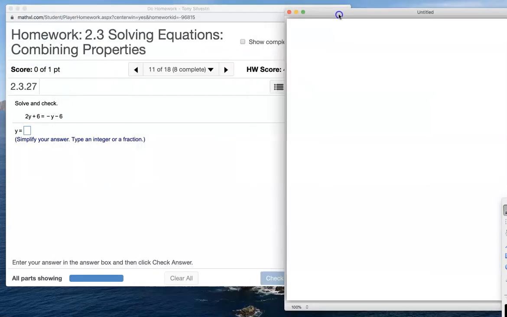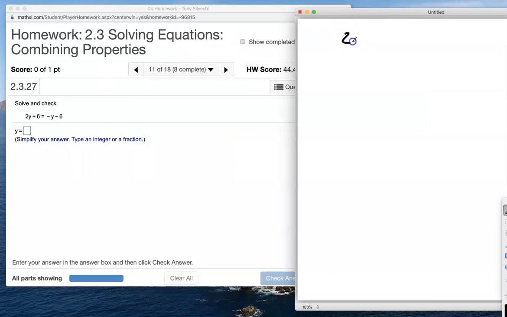So right now we're going to put down the problem: 2y plus 6 equals negative y minus 6. What I'm going to do is try to bring together the y terms. So far, every problem we did with the addition property, you added or subtracted a raw number.